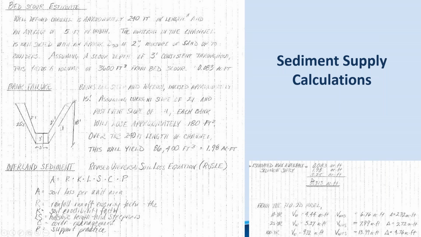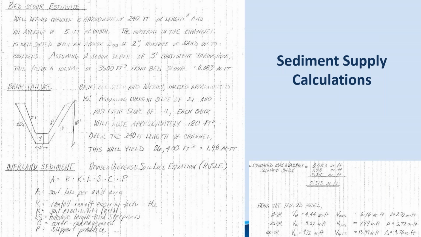In any case, if you came up with, say, 5 acre feet of sediment, then you can compare this with your design event, the 10-year, 25, and 100. In this case, 44 acre feet of water yield from the 10-year event, up to the 100-year event being 9 acre feet of water.